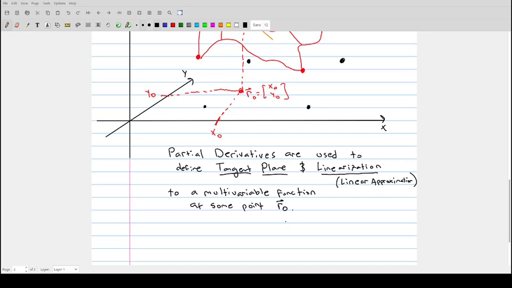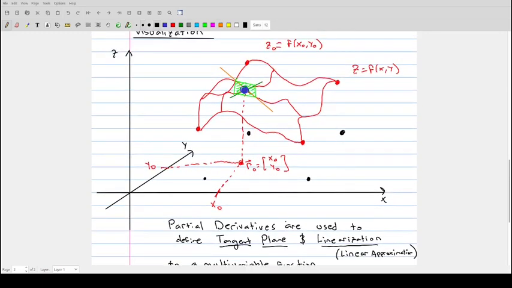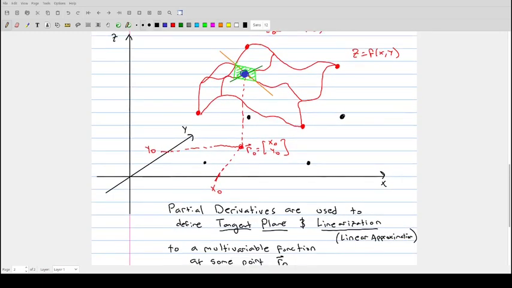These are ideas that we will get into a little bit later on, but really we want to think of these partial derivatives as being the rate of change in each individual direction, the rate of change of the function that we're talking about.